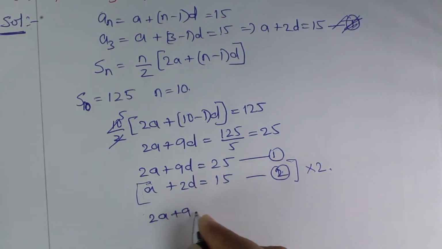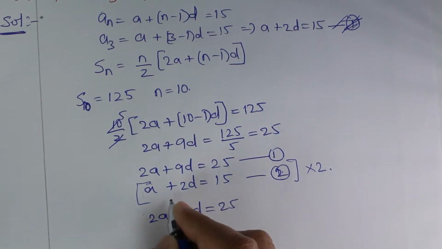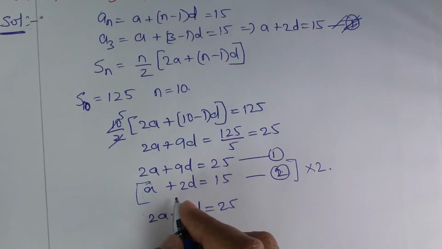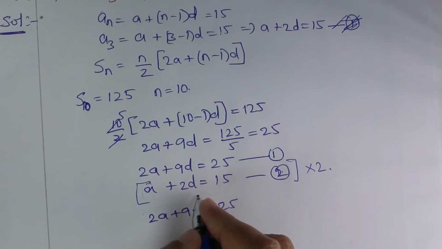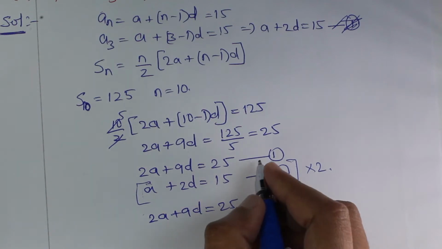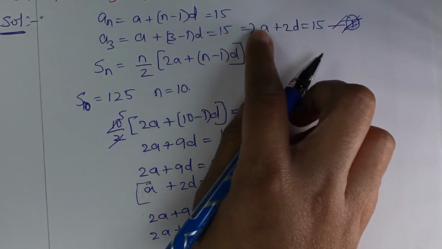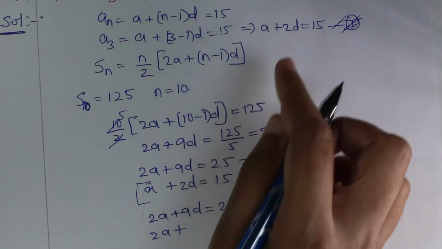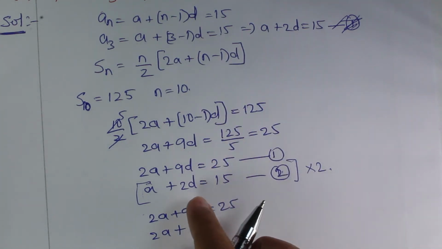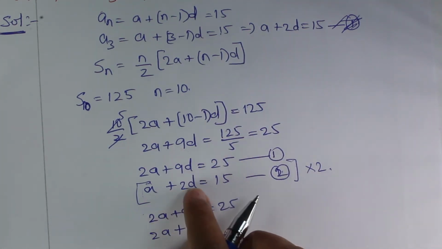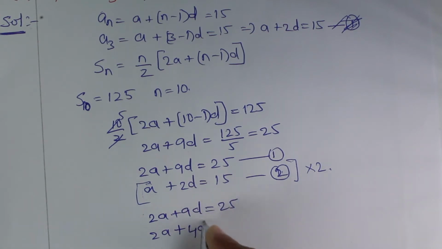And 2a plus 9d is equal to 25. So I am subtracting these.